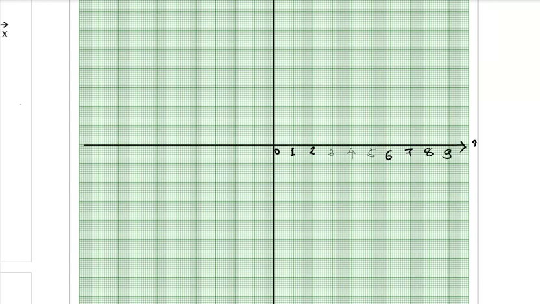Okay, so this is your x-axis. This is your y-axis. This is 0, so this is 1, 2, 3, 4, 5, 6, 7. Okay, on the x-axis and y-axis I have plotted a few points.